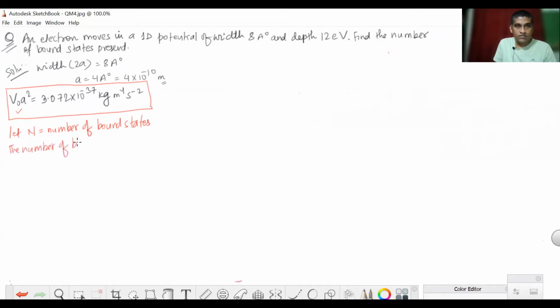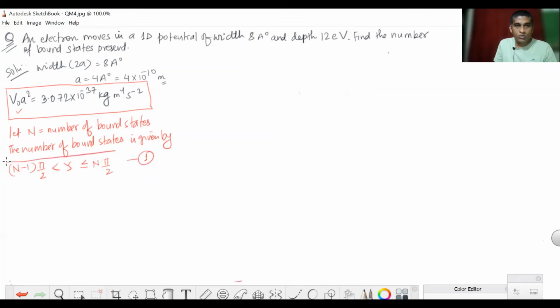The number of bound states is given by this inequality: (n minus 1) pi by 2 is less than gamma is less than or equal to n pi by 2. Let us call it relation 1.